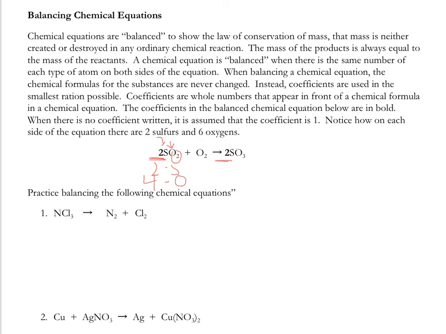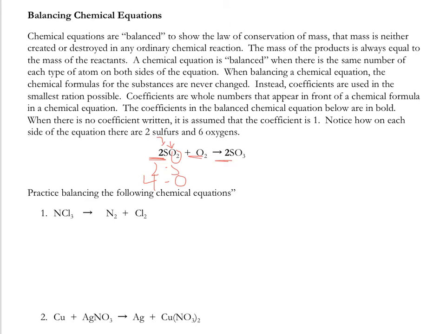If we take a look at this equation, the coefficients on each side make sure that there are 2 sulfurs and 6 oxygens on both sides of our equation. If we have no coefficient written, like in front of this oxygen here, we assume that the coefficient is 1. Just like when we write chemical formulas, we never write the coefficient of 1, just like we wouldn't write the subscript of 1.